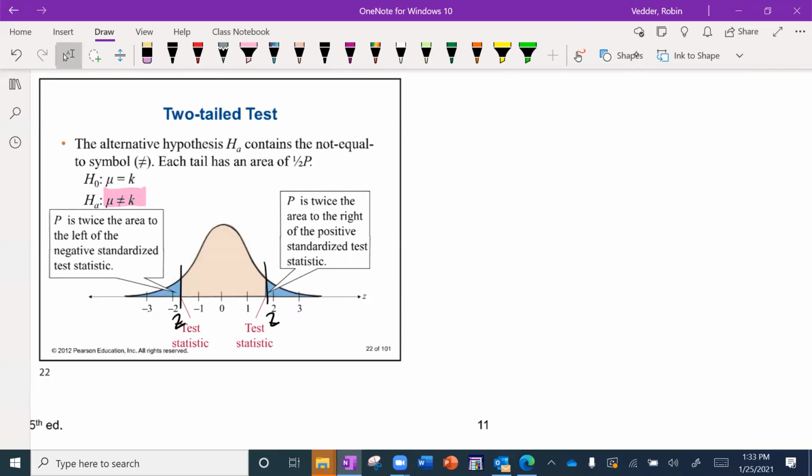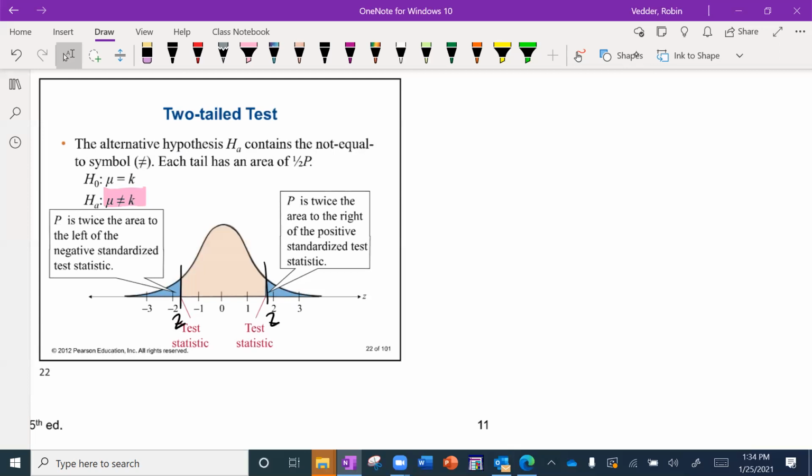Now keep in mind, there is a z-score associated with the alpha, and there are going to be areas to the left and to the right. So P is twice the area. If you calculate the area to the left of a z-score, when you find your p-value, you're going to double it because there are 2 of those areas, one on each side.